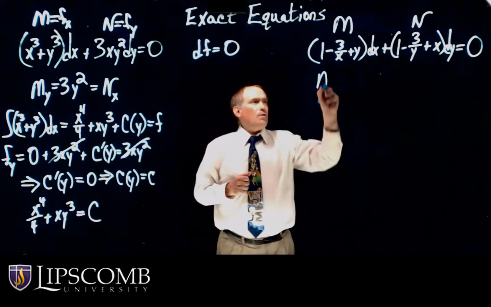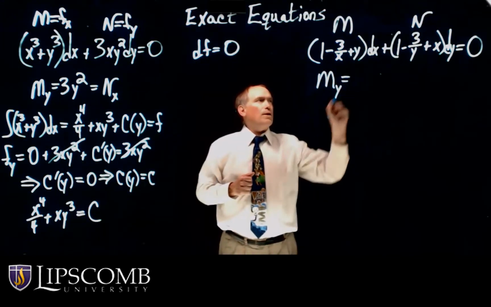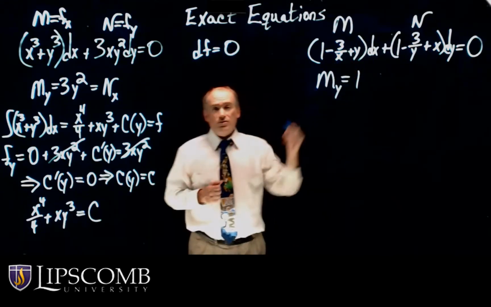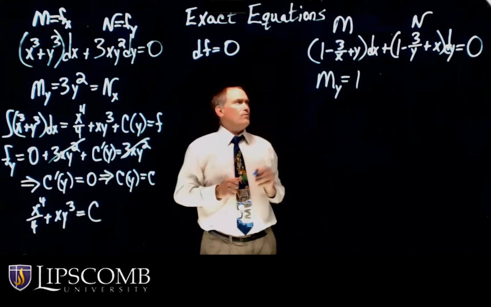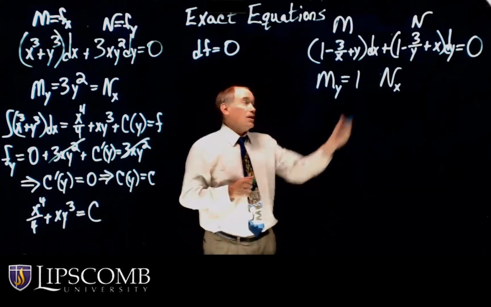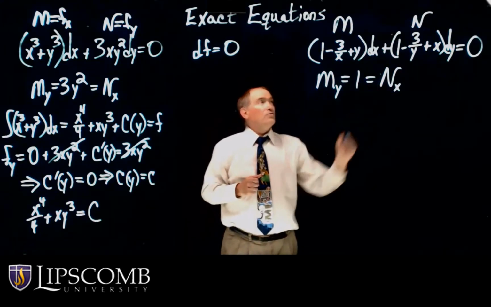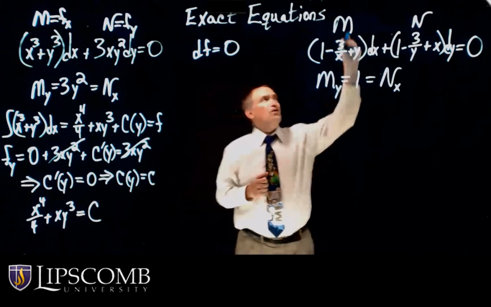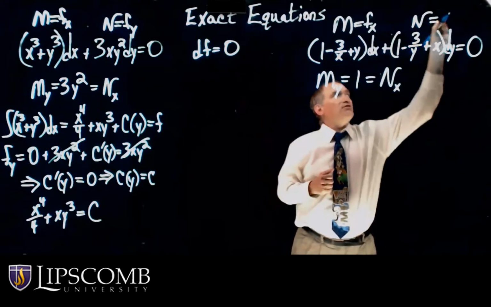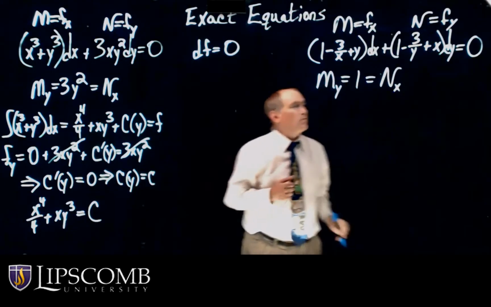So let's take the partial of M with respect to y. Partial of M with respect to y in this case is 1, because that's all I've got in front of the y. Let's take the partial of N with respect to x. Again, it's 1. So therefore, this is exact, which means this is the partial of f with respect to x. This is the partial of f with respect to y.